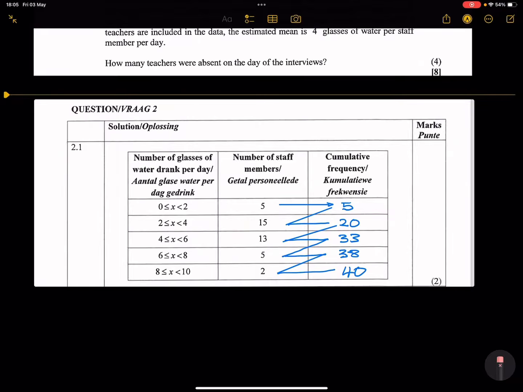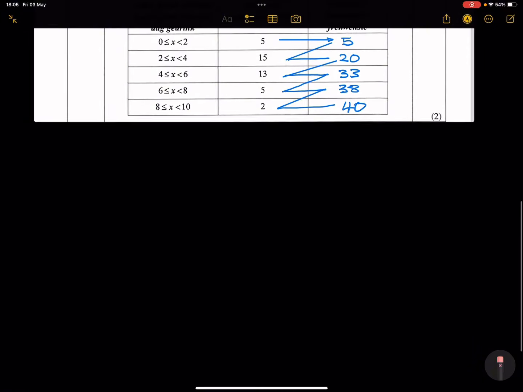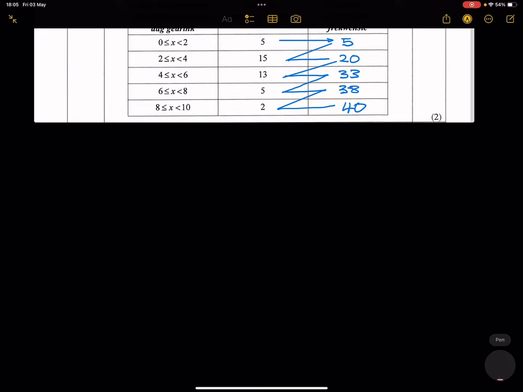So the cumulative frequency is drawn in that manner. Please remember, guys, they could have easily asked us to draw an ogive of this. I just want to show you a simple illustration of what that ogive looks like.